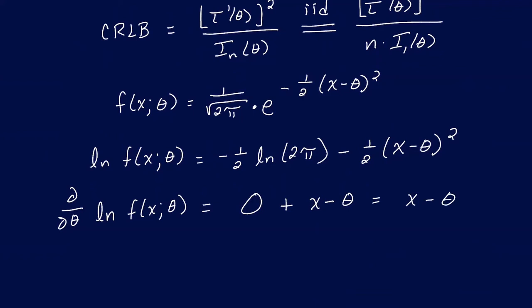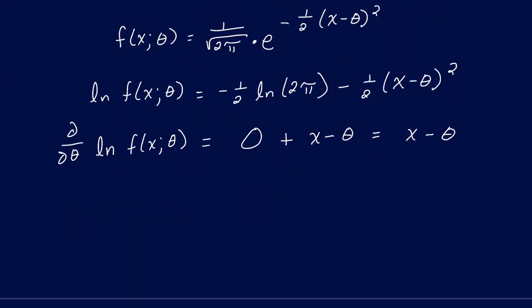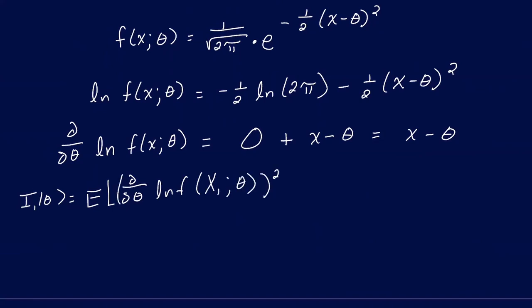Okay, so one way to find the Fisher information is to square this, put the capital X in, and take the expectation. And you can manipulate that, you don't have to manipulate that. That's the variance. So I probably wouldn't do this, but in case anyone is going this way, the one-dimensional Fisher information is the expected value of this derivative with a capital X1 plugged in, and that whole thing squared.